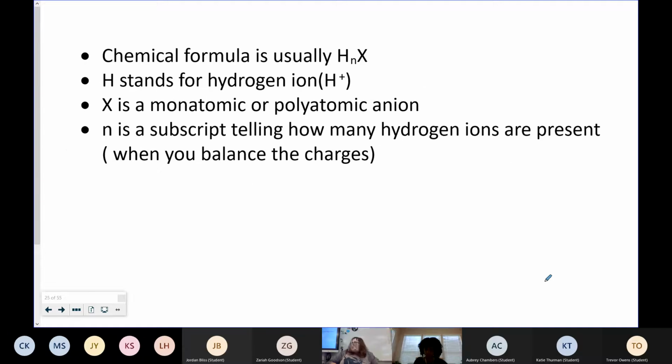The chemical formula is normally H_nX. Since hydrogen is a positive one, we're never going to add subscripts onto that anion, but we might need more than one hydrogen to balance out those charges. These do behave like ionic compounds whenever you're writing their formulas. The n tells you the subscript of how many hydrogens you need to balance the charge of that anion.